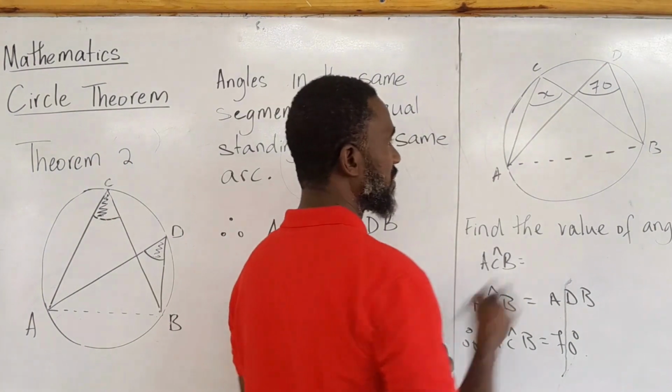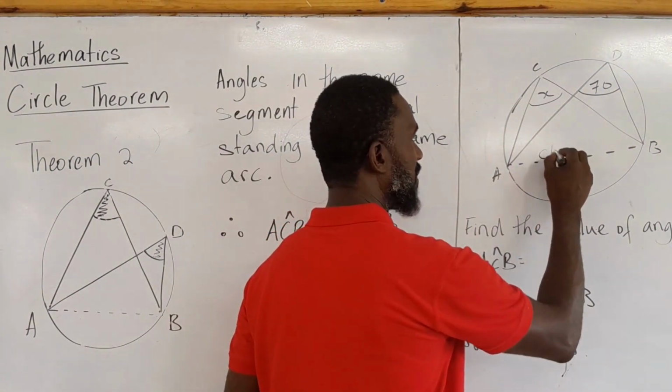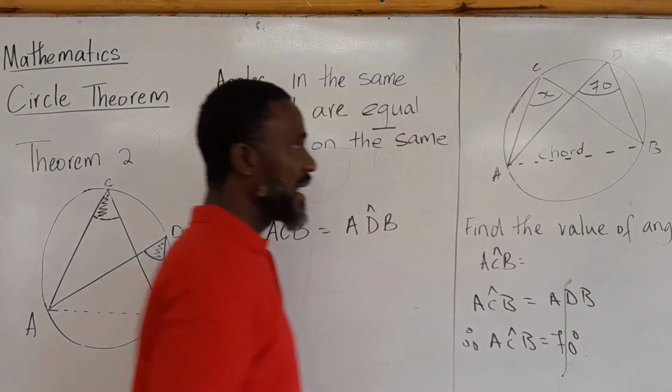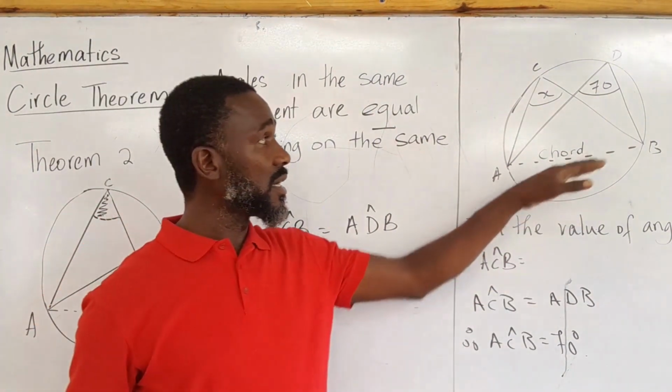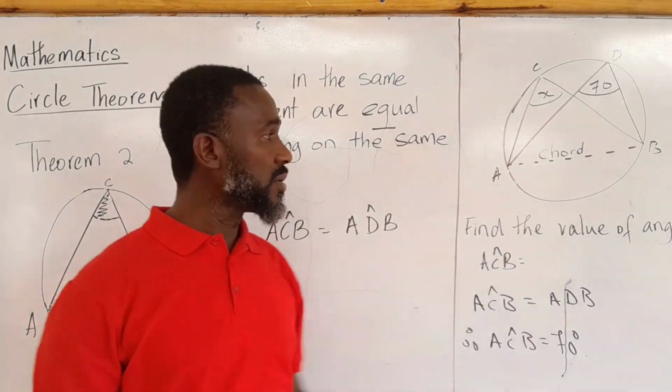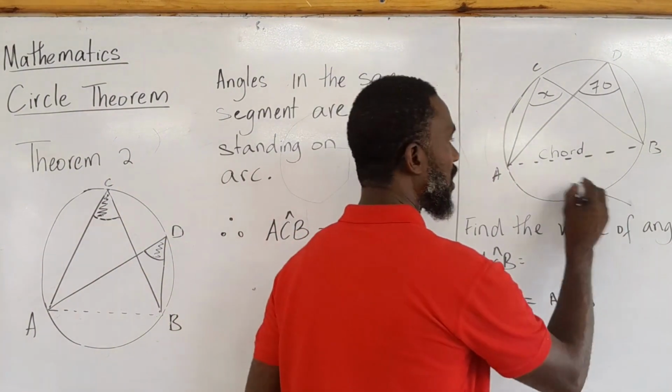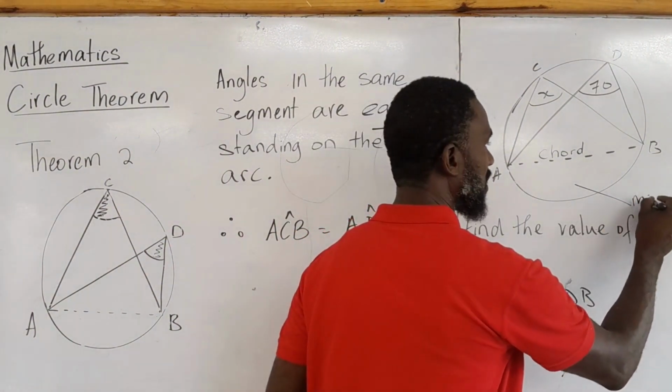Remember, this is the chord. This is a chord AB. And the chord divides the circle into two segments. So this segment here will be called our minor segment.